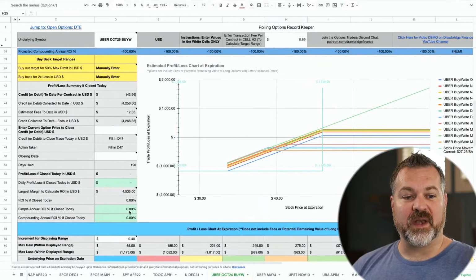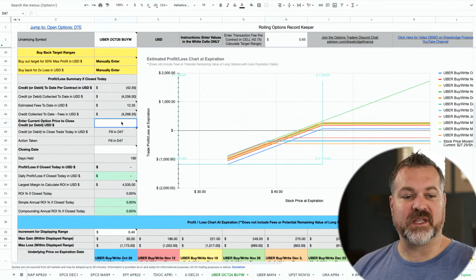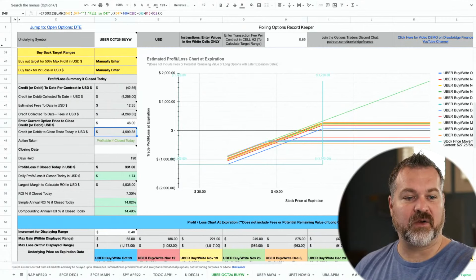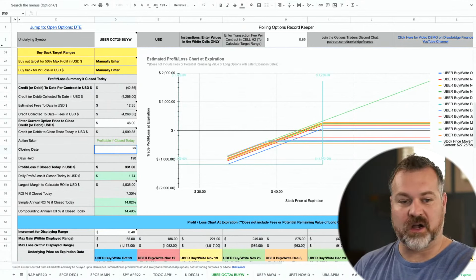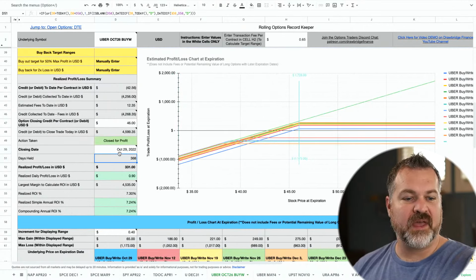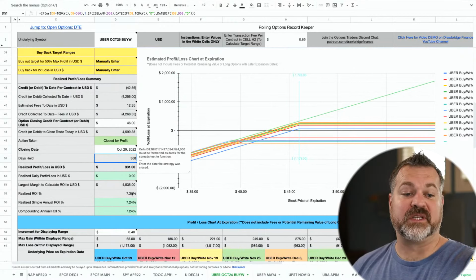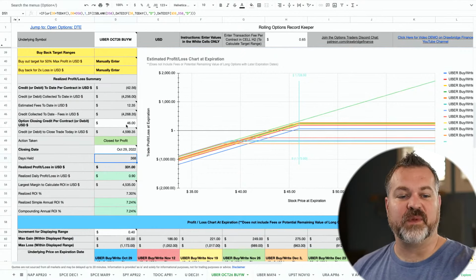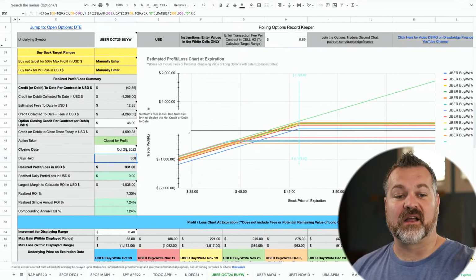Unfortunately, that's not what happened. That was my hope, that I was going to sell this for a credit of 46 on October 29th, and then I would have made a 7% return in just those couple of days. Well, actually, that's a lie, because I've been selling covered calls ever since.